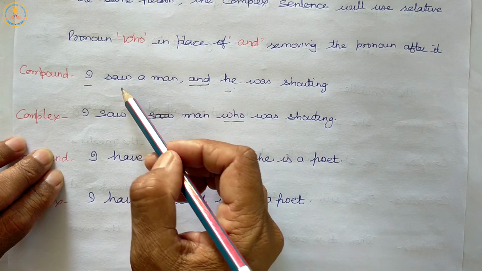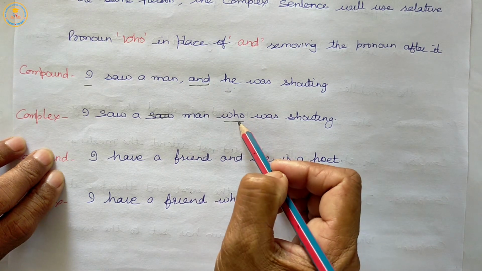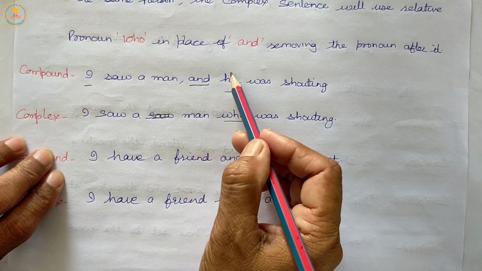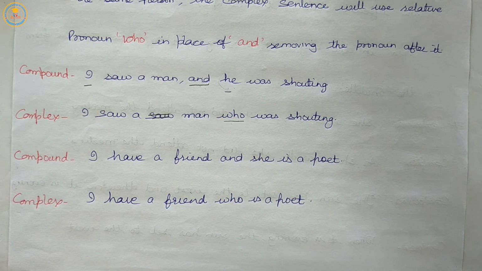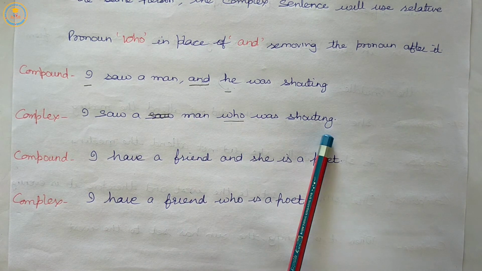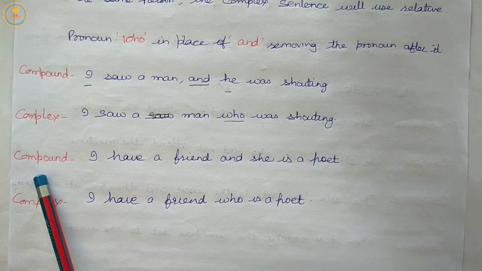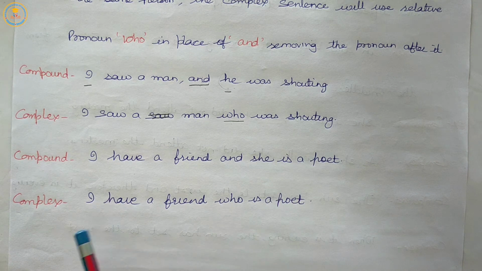While transforming it into a complex sentence, we will remove "and", put "who" in place of "and", and remove the pronoun after it. The compound sentence is, I saw a man and he was shouting. Complex sentence, I saw a man who was shouting. Compound sentence, I have a friend and she is a poet. I have a friend who is a poet.